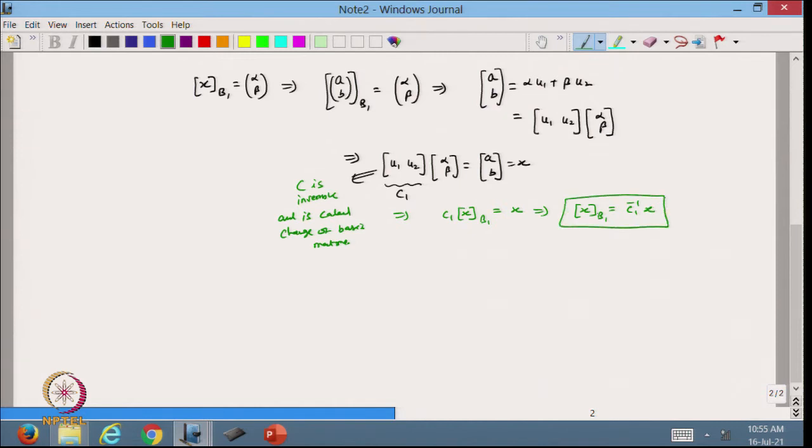Very easily we can write the coordinates of x with respect to a basis as the inverse of the matrix made up of the basis times the element we are talking about.